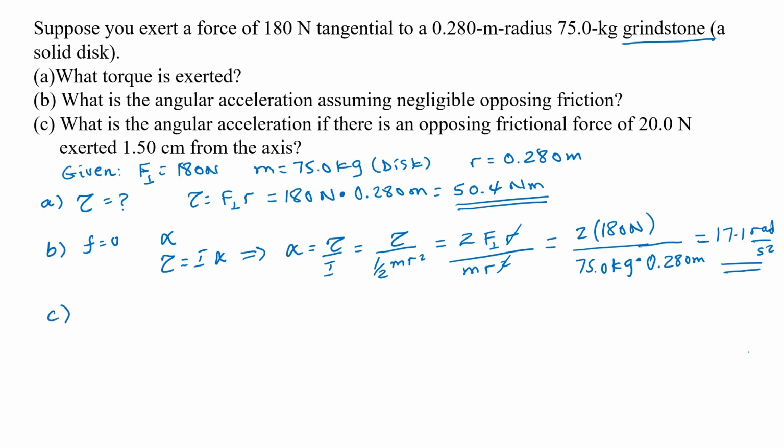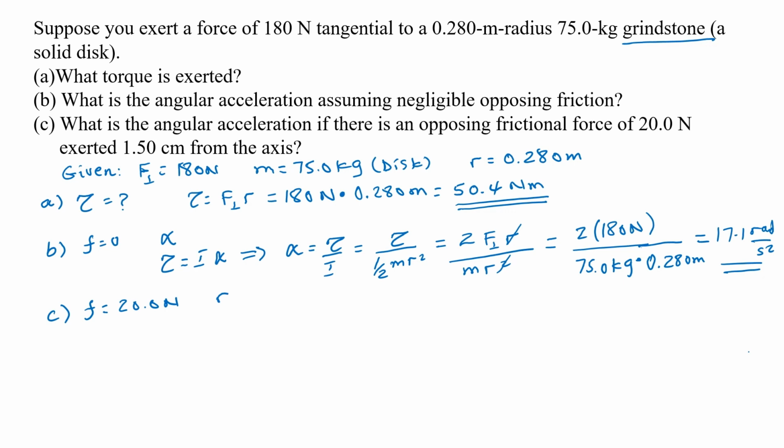C. What is the angular acceleration if there is an opposing frictional force of 20 newtons exerted at 1.50 centimeter from the axis? So the friction force is not 0 in this case, and that's going to be 20.0 Newton.